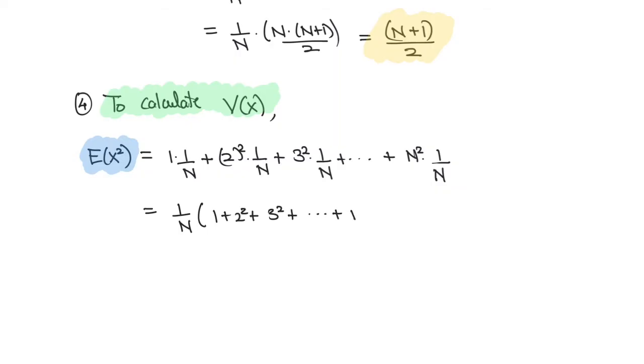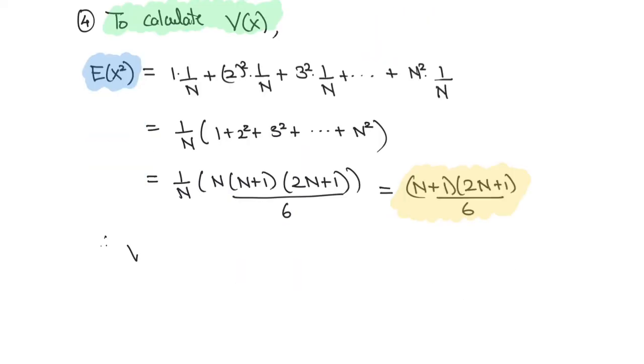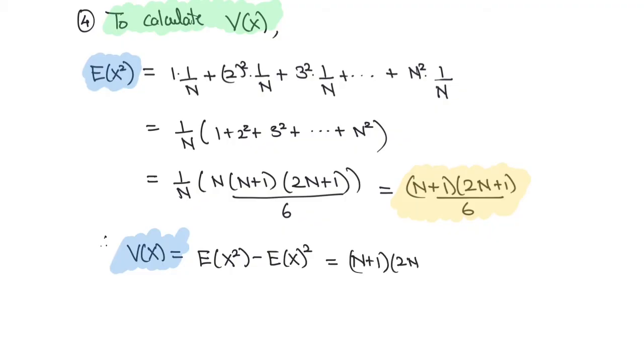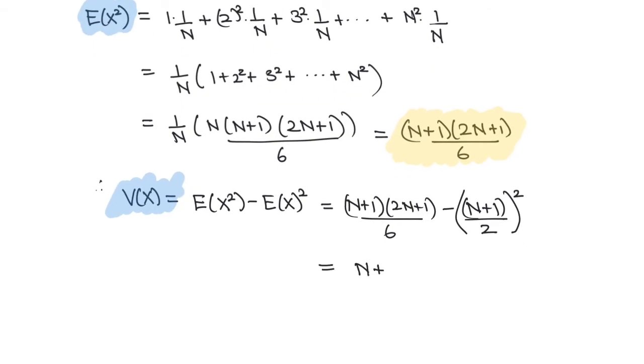Working through this, we notice that the expected value of X squared is N plus 1 times 2N plus 1 divided by 6. Plugging this into the formula for variance, that is, expected value of X squared minus expected value of X the whole squared, we notice that the variance becomes N plus 1 times N minus 1 divided by 12.